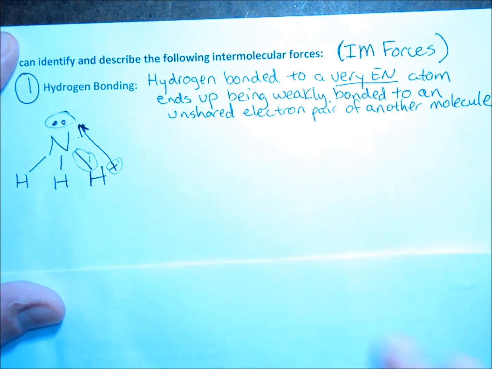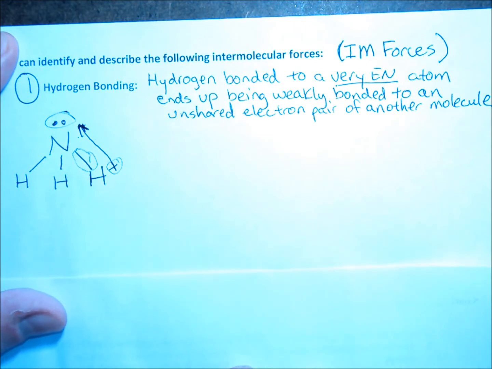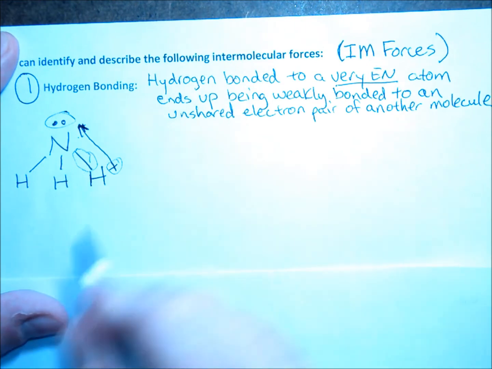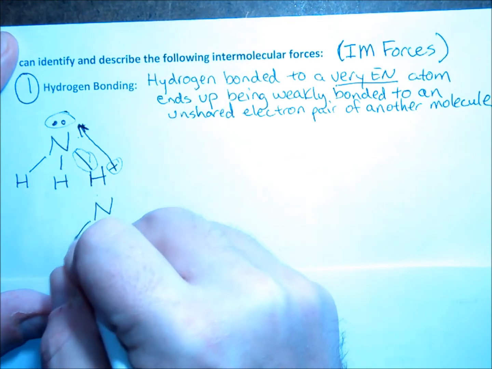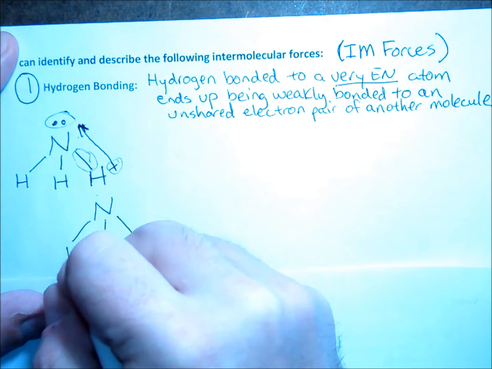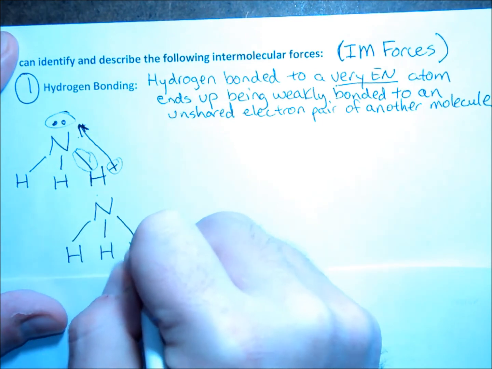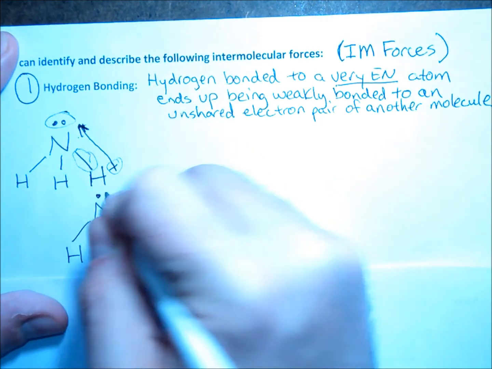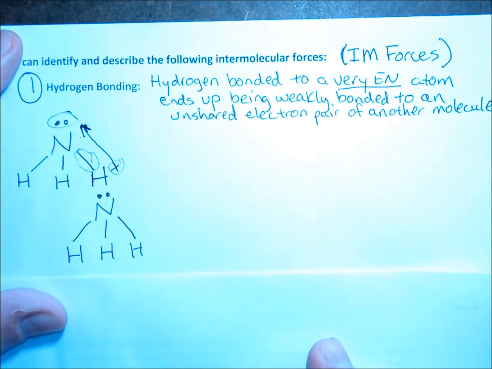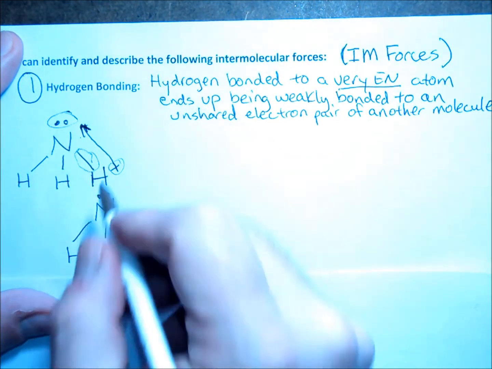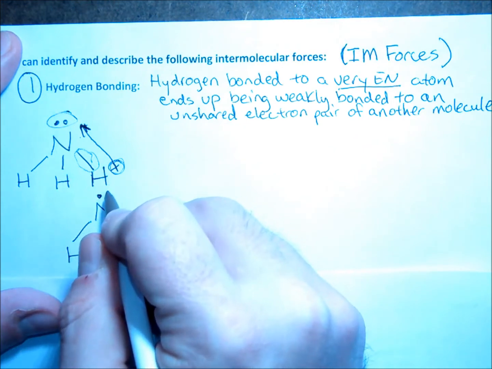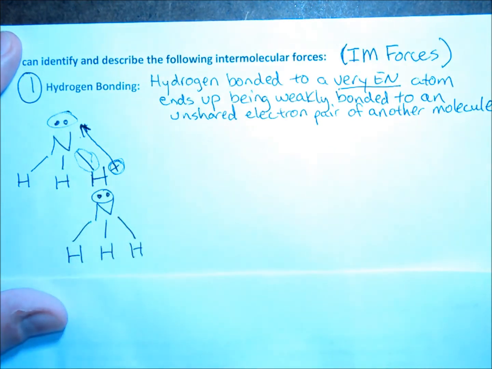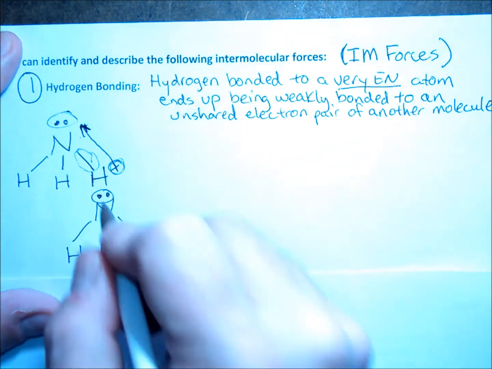So what a hydrogen bond does is keep two of these molecules together. It'll be much more than two, but we're just going to show two. If you have another NH3 with those unshared electrons, this partially positive hydrogen atom is going to attract to those unshared electron pairs.